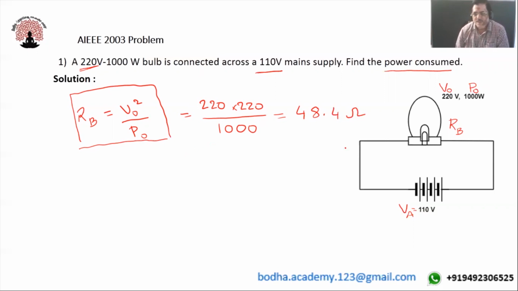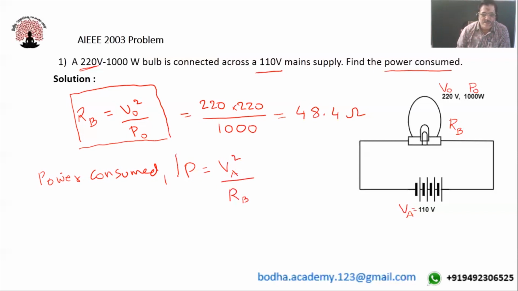Now we want to find power consumed. Power consumed is given as P equals applied voltage square divided by resistance of the bulb.